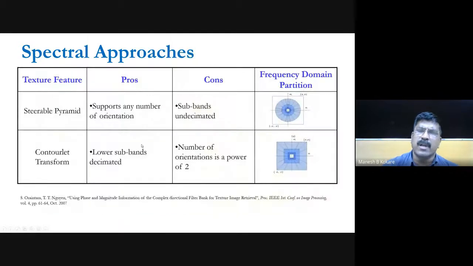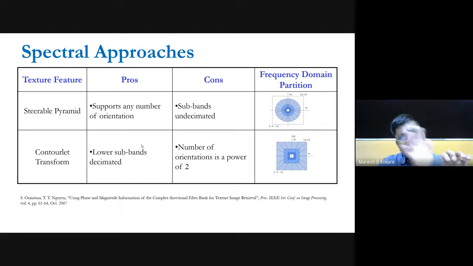Another spectral approach, for example, is to obtain the steerable pyramid of the image, and from that steerable pyramid you can extract the features. I'll give another example: you can extract textural features by using wavelets.